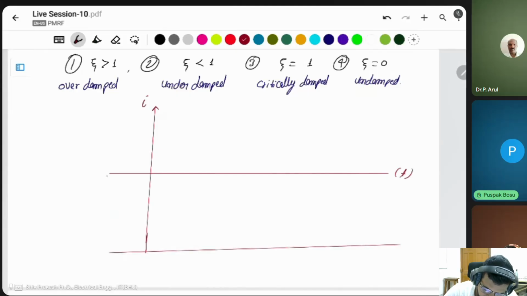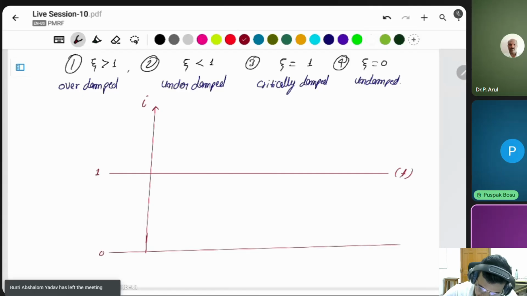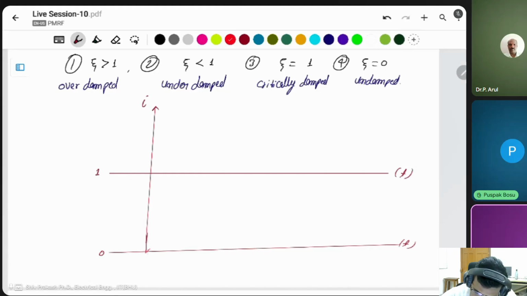Suppose this is the final point, gain 1, and this starts from 0. For the overdamped system, this will be very slow, reaching the final value at t equal to infinity. This type of current is shown in an overdamped system.